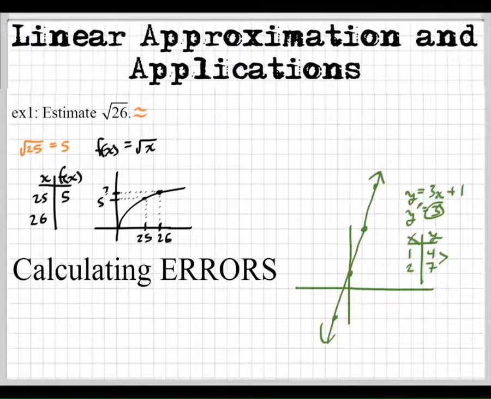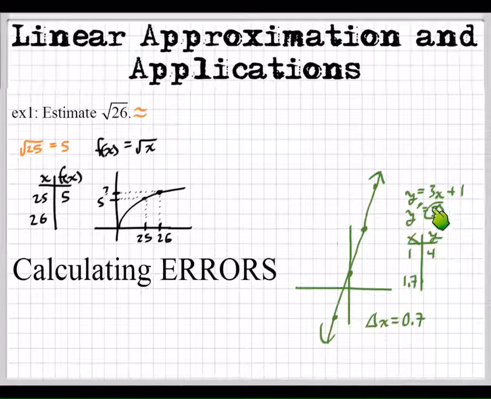Okay. Well, what if I didn't change by a whole number? What if my change in x, my delta x, was not equal to 1? Let's say that my delta x was equal to 0.7. So what would 1.7 be? Now this went plus 3. What would this be if I start at 4? What would I get for 1.7, and how does that relate to the 3?